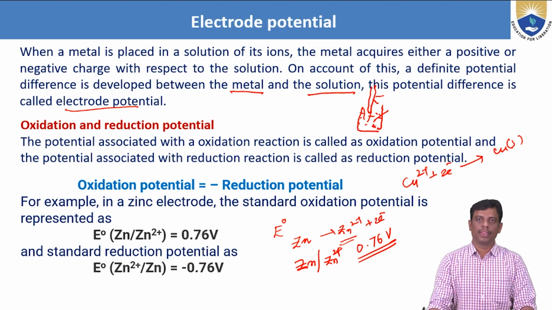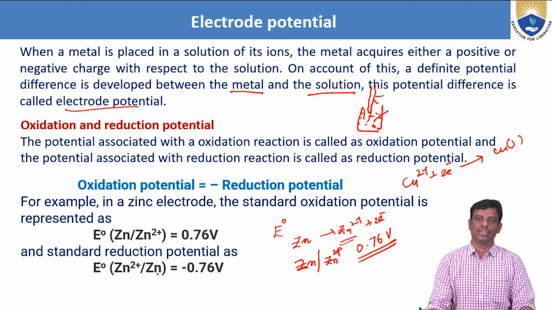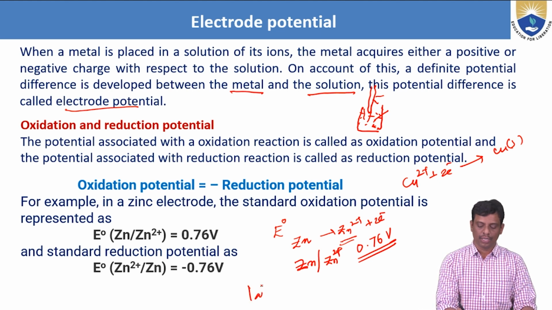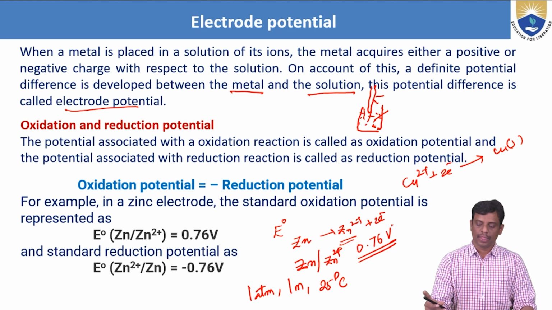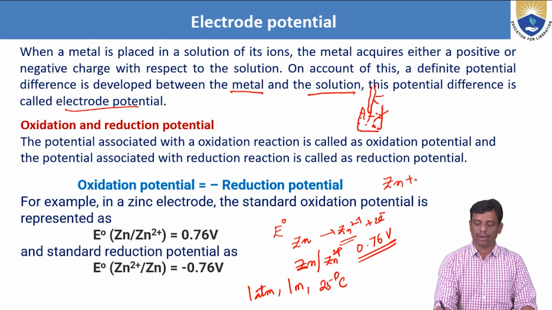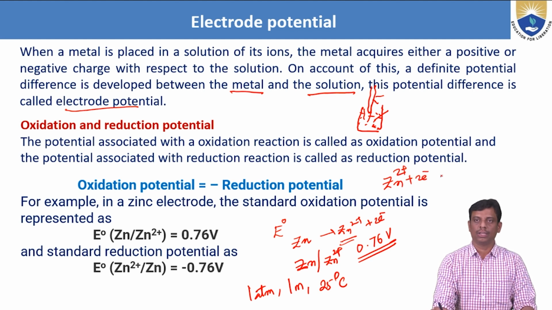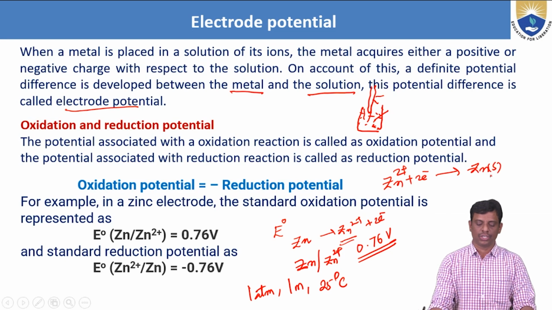Now the reduction potential of zinc, under the same standard conditions: 1 atmosphere pressure, 1 molar concentration, and 25 degrees centigrade. If zinc 2+ gains electrons to convert to zinc solid, this is the reduction.